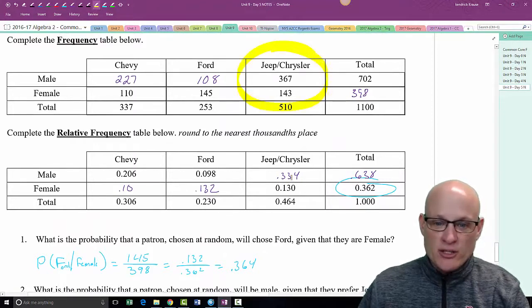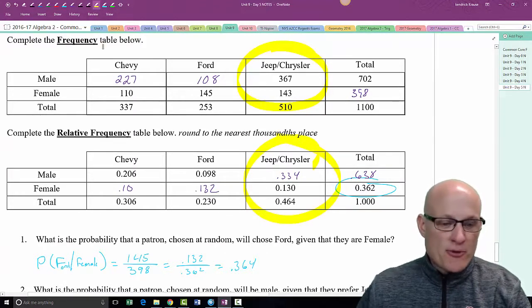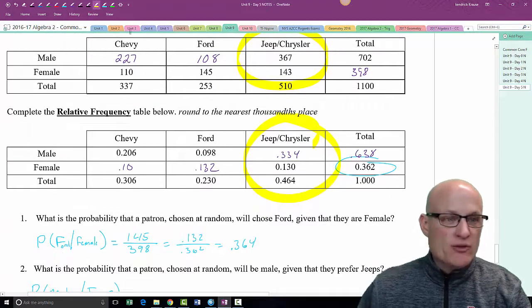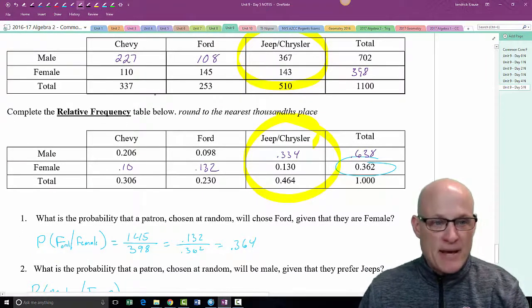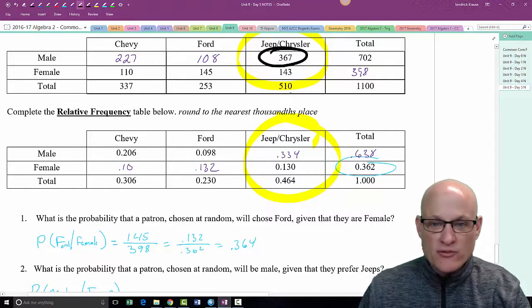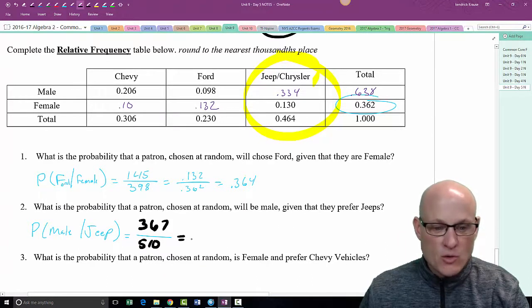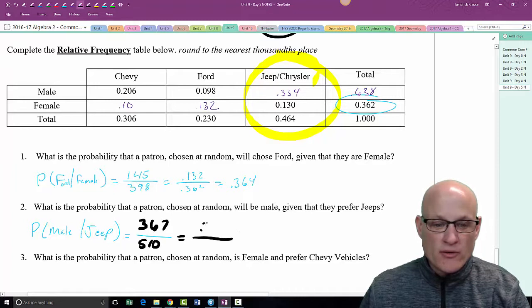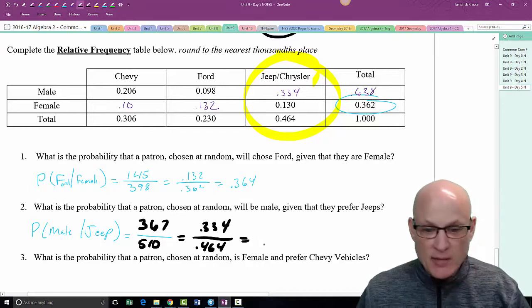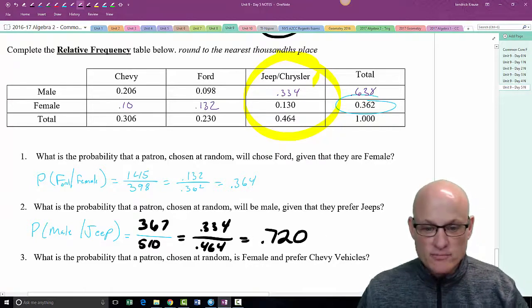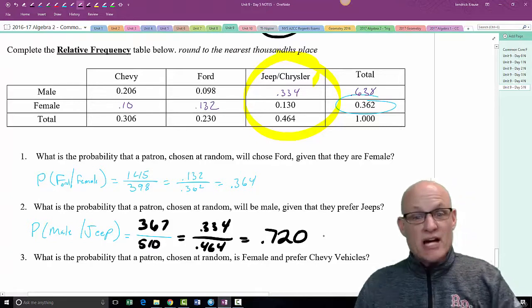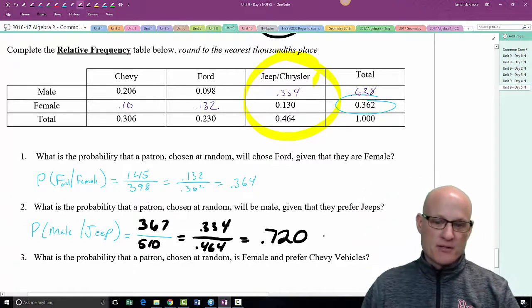If my new universe is Jeeps, what is the probability that I am male? This one would be 367 over 510, or I can use 0.334 over 0.464. Either way, I'm going to end up at 0.72. So given that I like Jeeps, there's a real high probability I'm male.